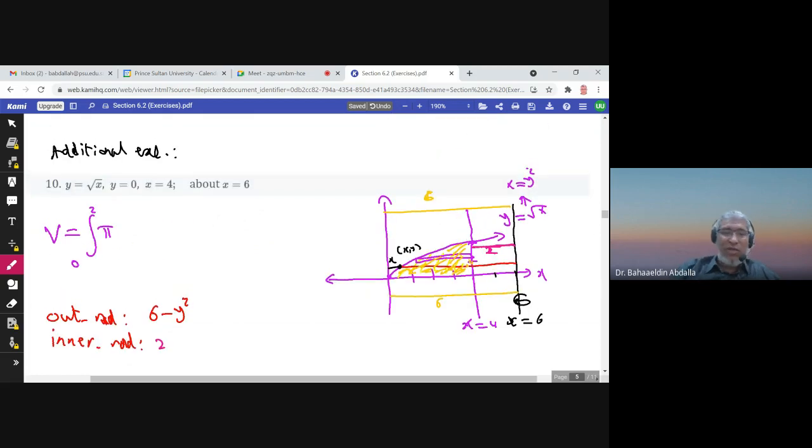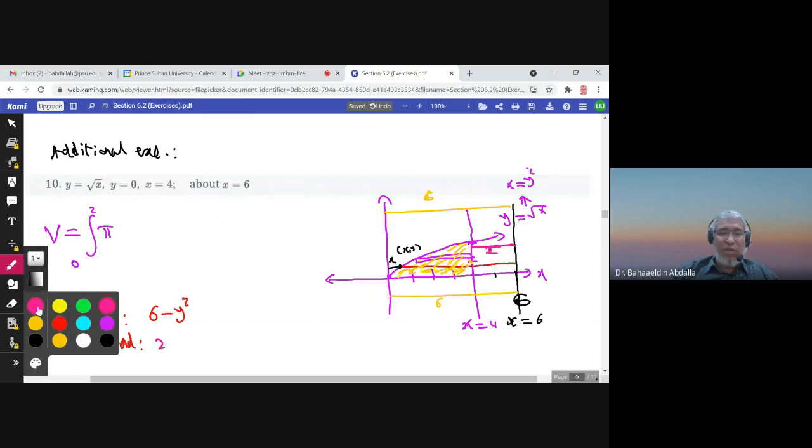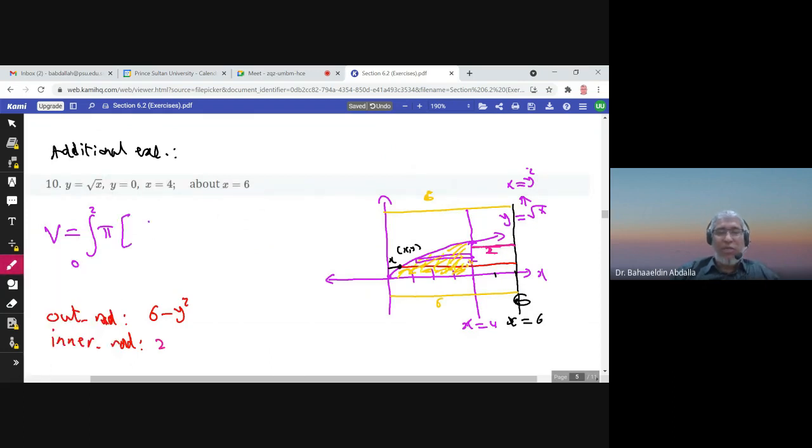So now we can write the equation of the volume. It is pi times outer radius square minus inner radius square dy, and y runs from 0 to 2.